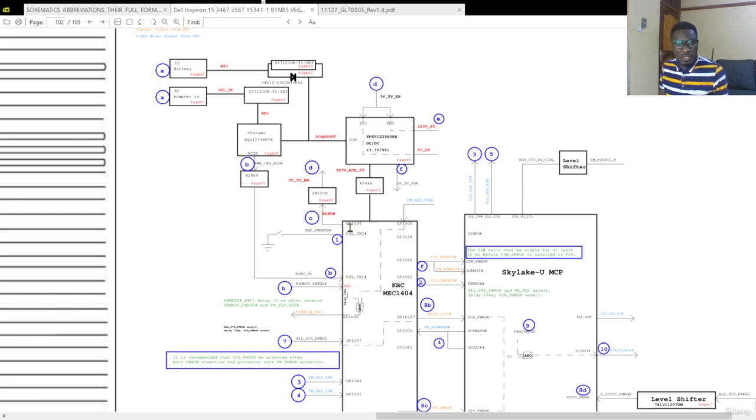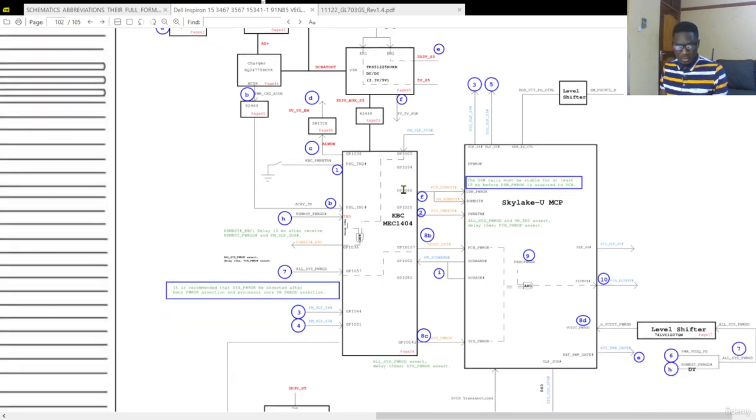Is the EC giving out the signal to turn on the 3.3 and 5 enable? Yes or no. If it is giving out, does this signal also reach this chip? You check for enable, if it is yes, that's good. Does this chip give out 3.3 and 5 S5 as shown here on A? Yes. Is it giving out F to tell the chip that power is okay?